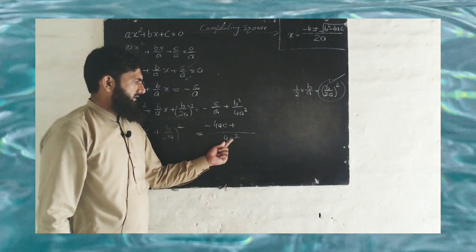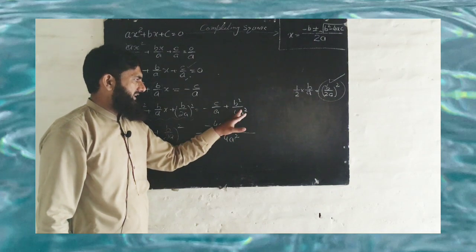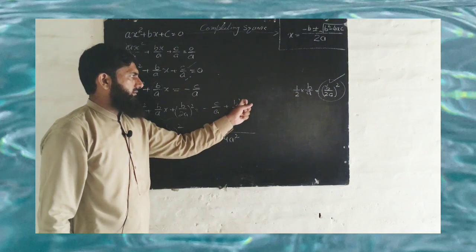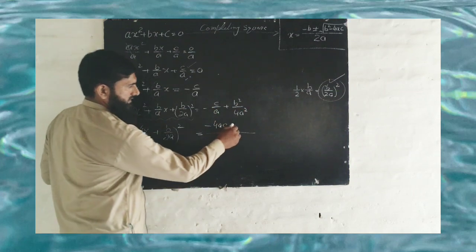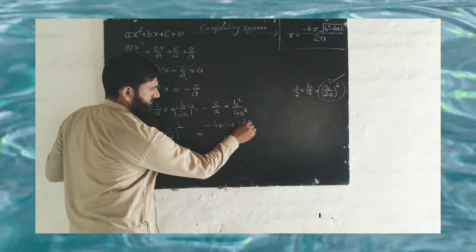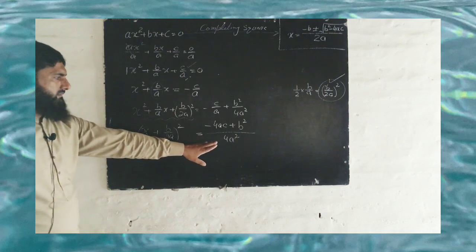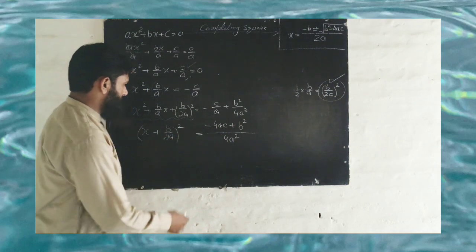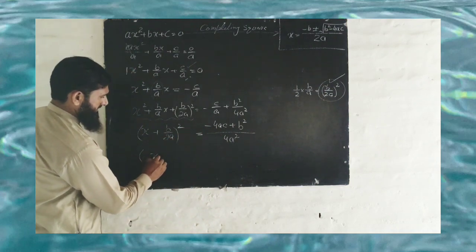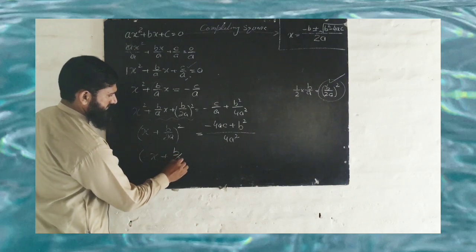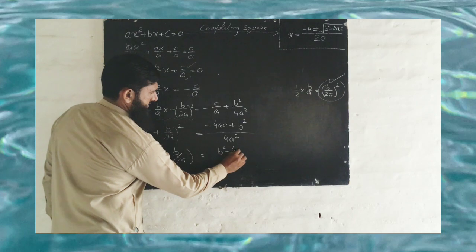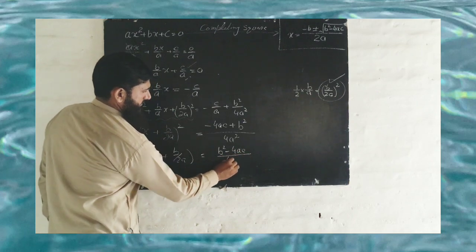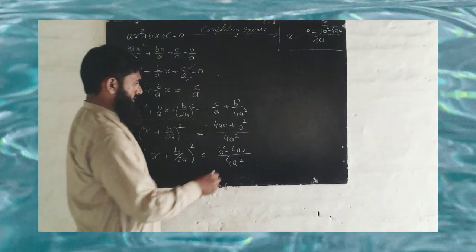So after dividing this term by the denominator, we will get 1, and 1 is multiplied by the numerator, which is b square, and b square multiplied by 1 is equal to b square. This is the right side, and we can write the right side as b square minus 4ac over 4a square.